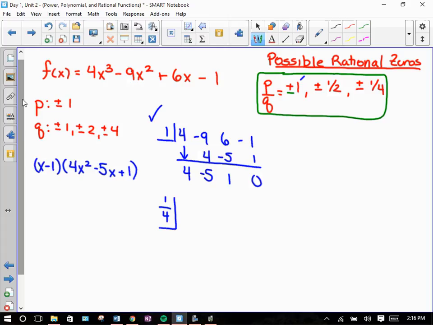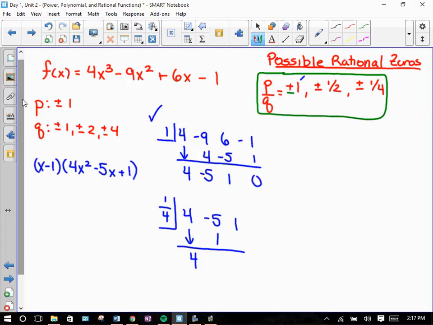So you're never going to get to the point where you can stop. You're going to have to keep testing all the numbers. So I'm going to use 4, -5, 1. I bring my 4 down. 1/4 times 4 is positive 1.